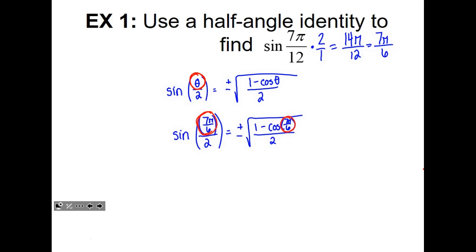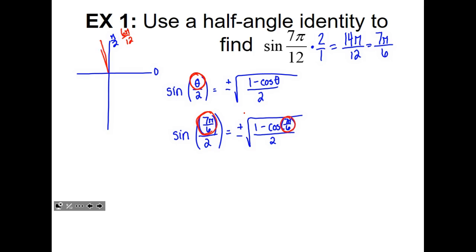Let's go ahead and figure out, too, this plus or minus here depends on what quadrant you're in. 7 pi over 12, what quadrant is that going to be in? Okay, second quadrant. Because this is 0, this is pi over 2, or we could think of that as 6 pi over 12, right?